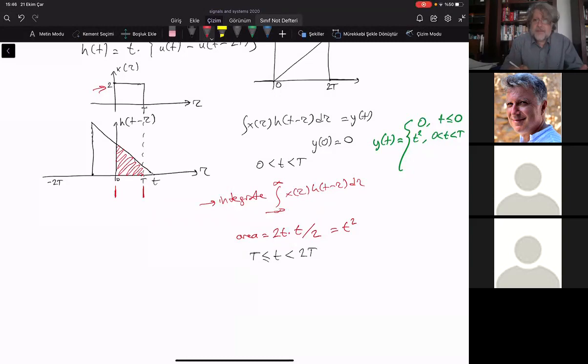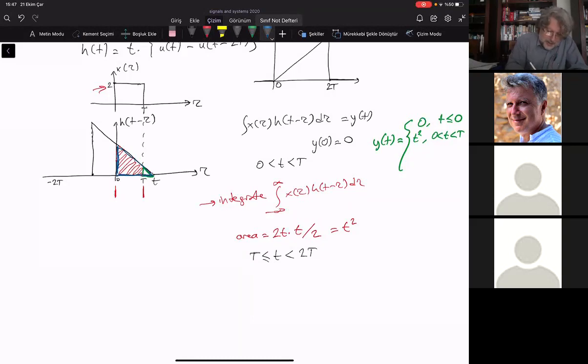So what is the area of this red dashed thing? I will find twice that area. This area is, first of all, we have a small green triangle here, and a larger blue triangle here, like this.